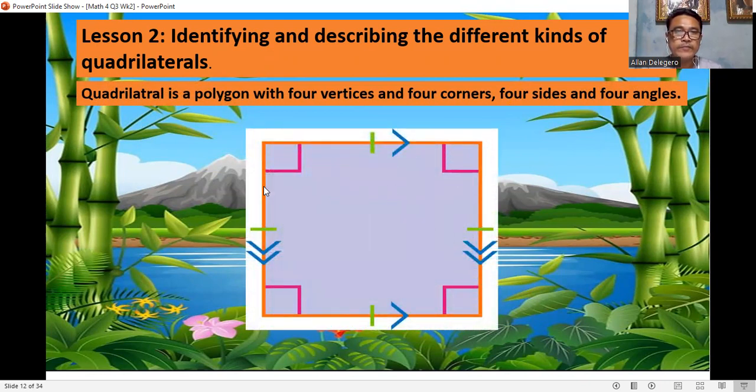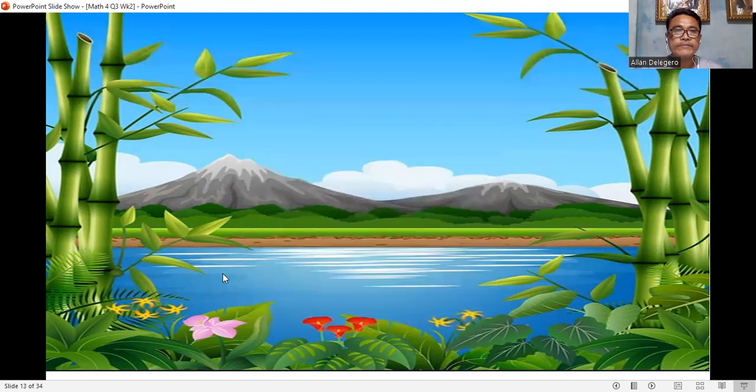This is an example of a quadrilateral. A polygon with 4 vertices, 1, 2, 3, 4. 4 corners, 1, 2, 3, 4. 4 sides, 1, 2, 3, 4. And 4 angles, 1, 2, 3, 4.